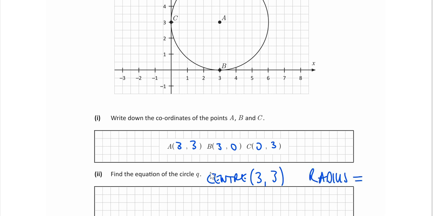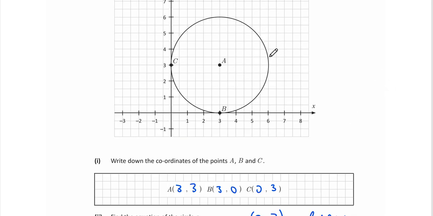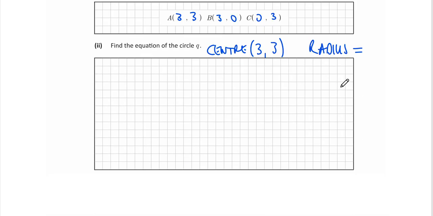We haven't been told the radius, but we can figure it out by looking at the diagram. The radius is the distance from the centre to any point on the circle, so from here to here you have a distance of 3 units. Your radius is 3.